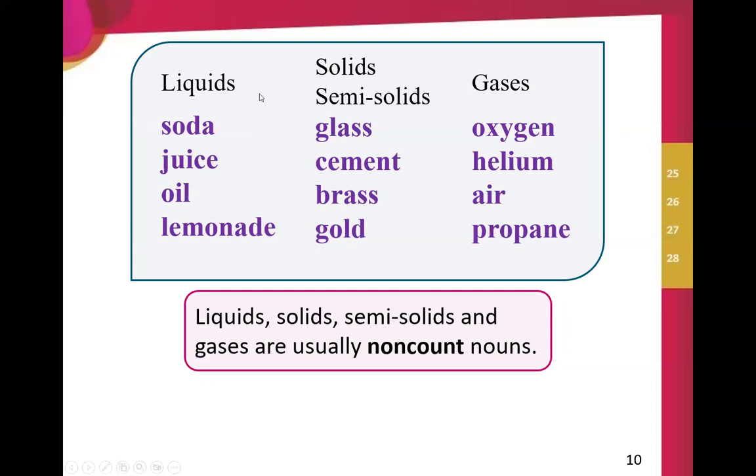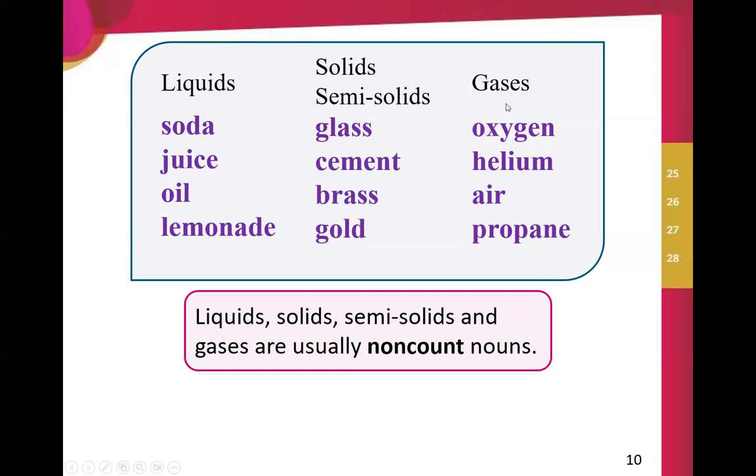Yes. We should refer to countable and uncountable nouns in categories that help us understand or remember the difference between them. So uncountable nouns are liquids, like soda, juice, oil, lemonade, and so on. And solids like glass, cement, brass, gold, or semi-solids.